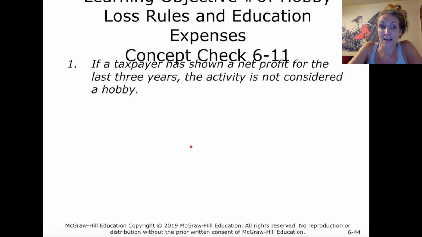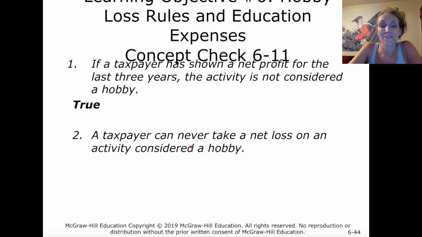So concept check here. If a taxpayer has shown a net profit for the last 3 years, that activity is not considered a hobby. True. Now that's debatable. A taxpayer can never take a net loss on an activity considered a hobby. That would be best practice, true.